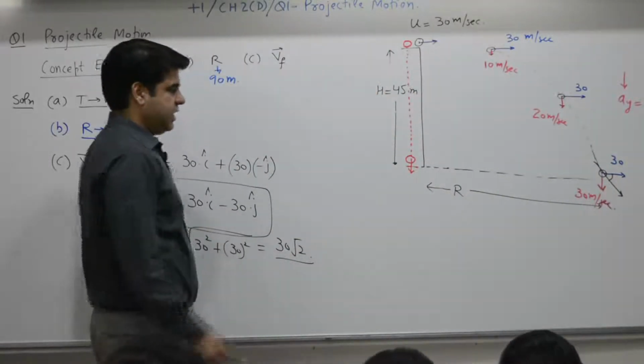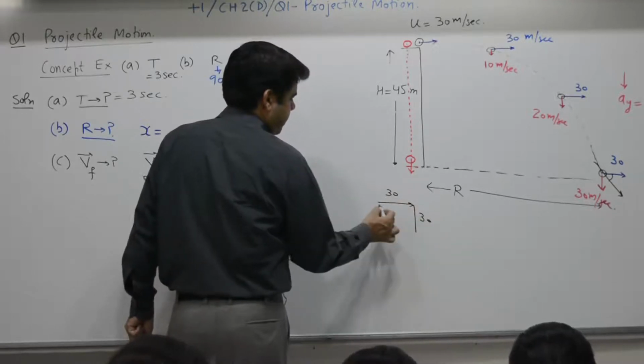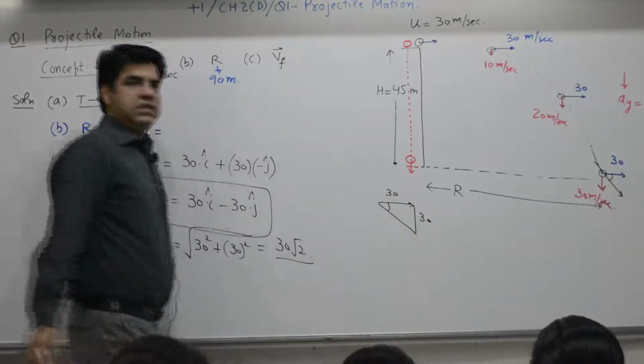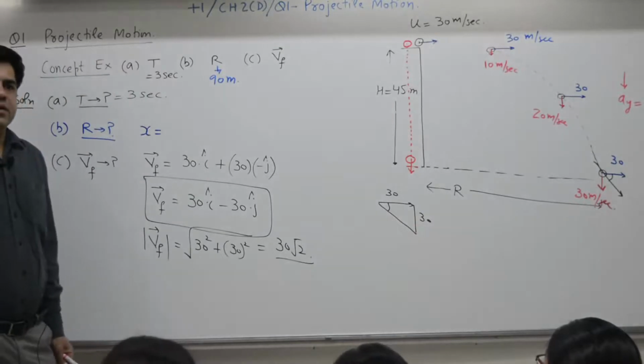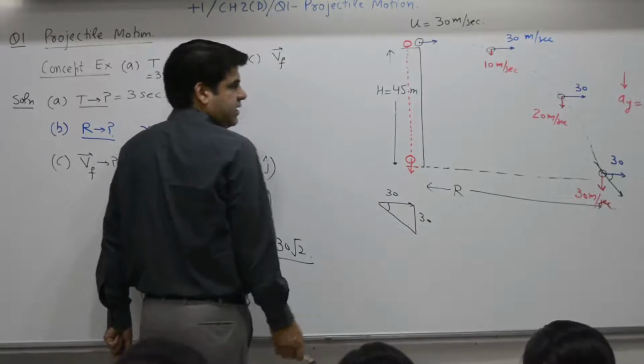In a triangle, this is 30, this is also 30. What about this angle theta final?